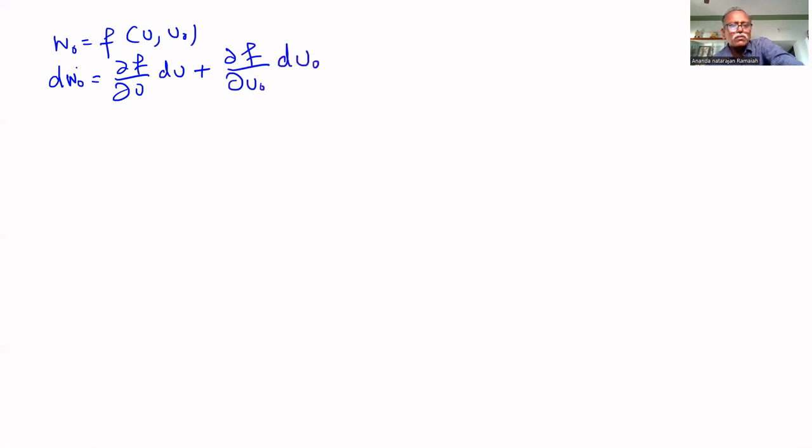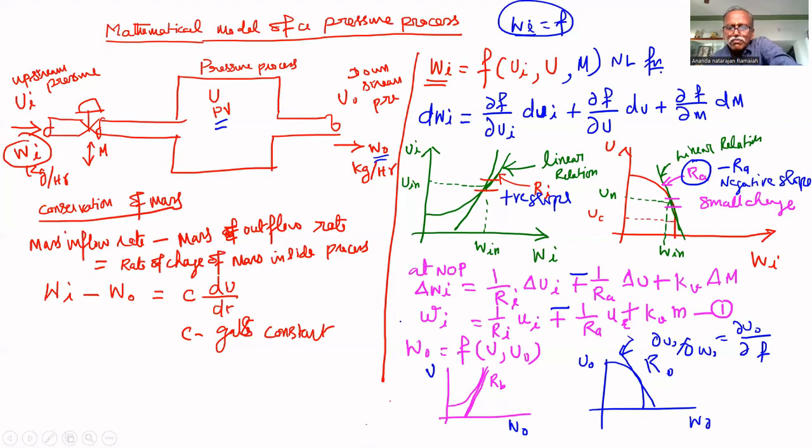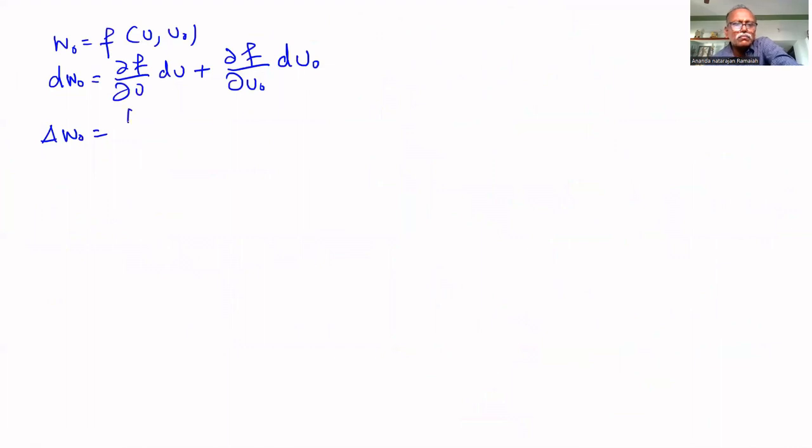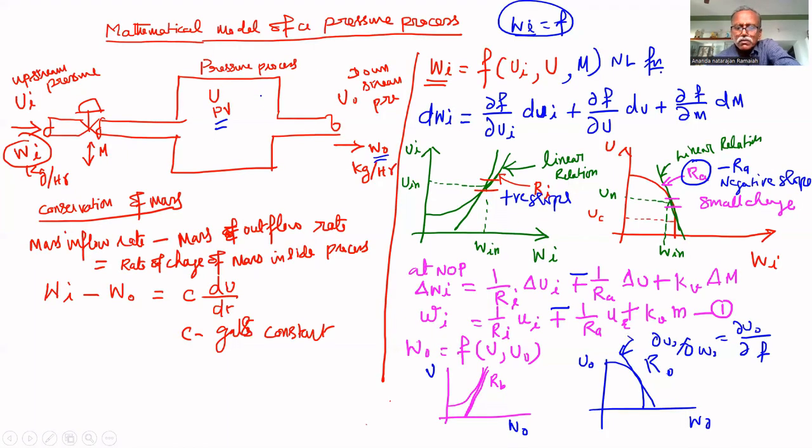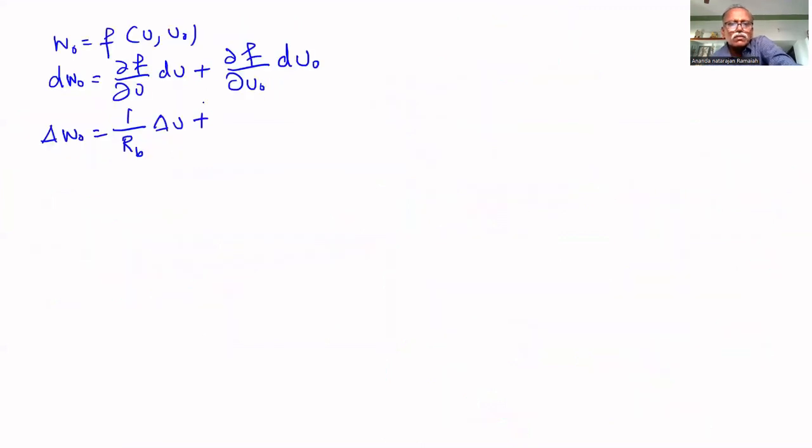That is the total differentiation. At the nominal operating point, this is approximately Δw naught equal to ∂f/∂u, for w naught, which is Rb. So we can write 1/Rb Δu plus ∂f/∂u naught, which is R naught and negative. That's why we put minus 1/R naught Δu naught.